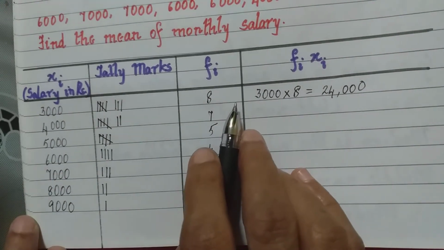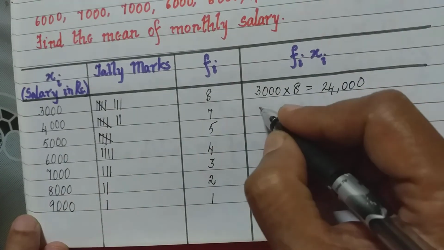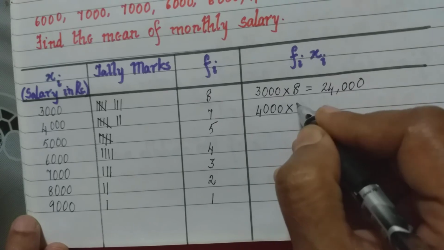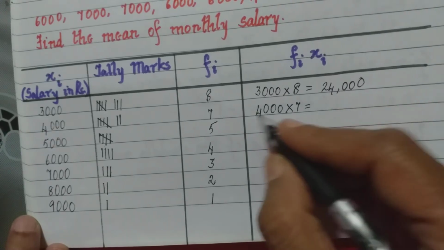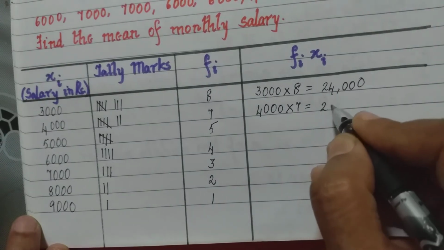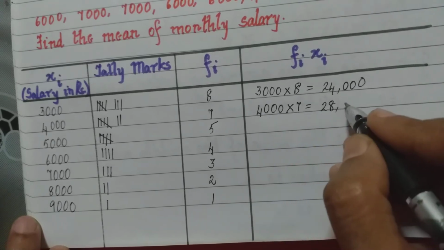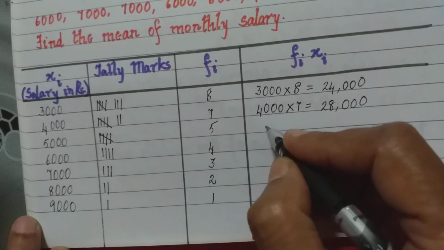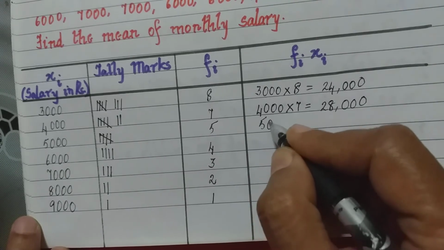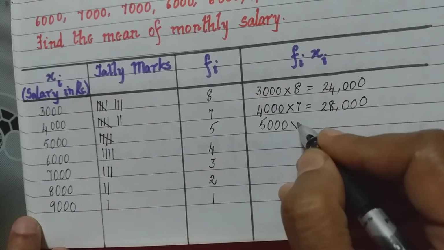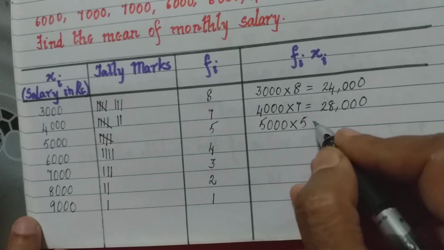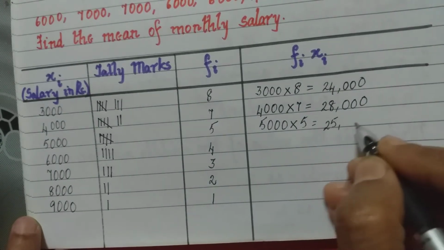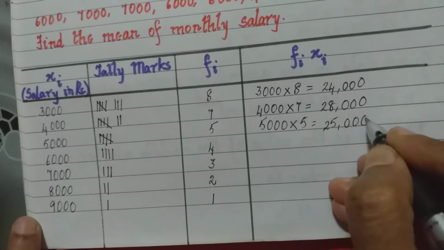Next we have 4000 into 7, which is 4 into 7 is 28, followed by 3 zeros. Then 5000 into 5, 5 into 5 is 25, followed by 3 zeros.